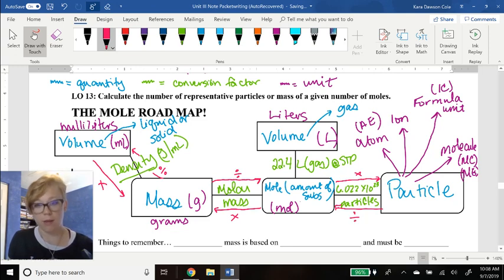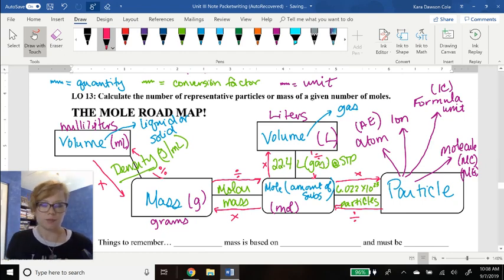If I'm going from the mole to the particle, I'm going to multiply by this number. If I'm going from the particle to the mole, I'm going to divide by that number. It's the same thing here. If I'm going out to the volume, I'm going to multiply by the 22.4 liters, and if I'm going down to the mole, I'm going to divide by the volume.